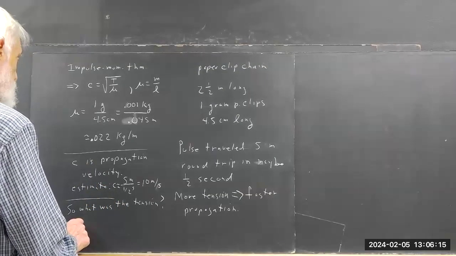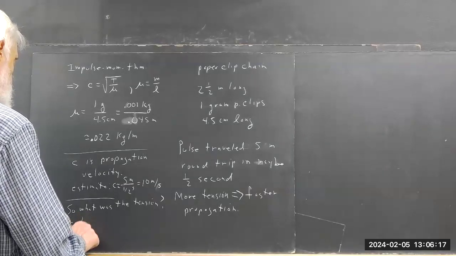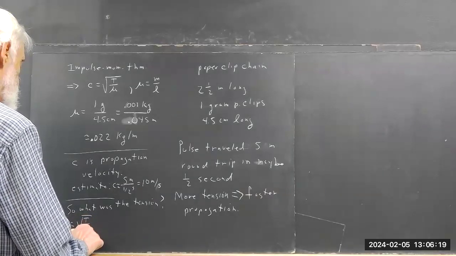Okay, so if you want to do it formally, of course, you say C equals the square root of T over mu.